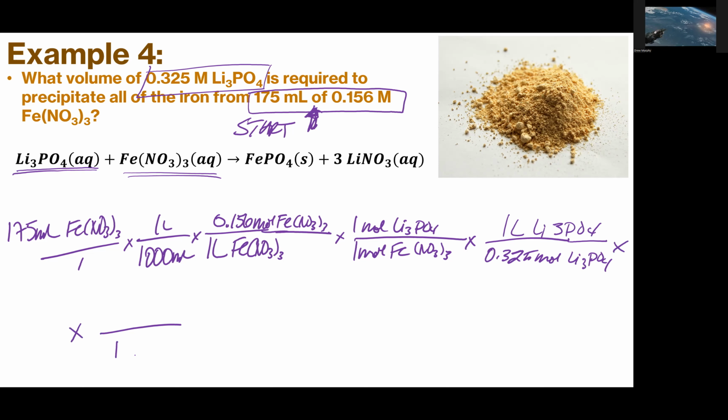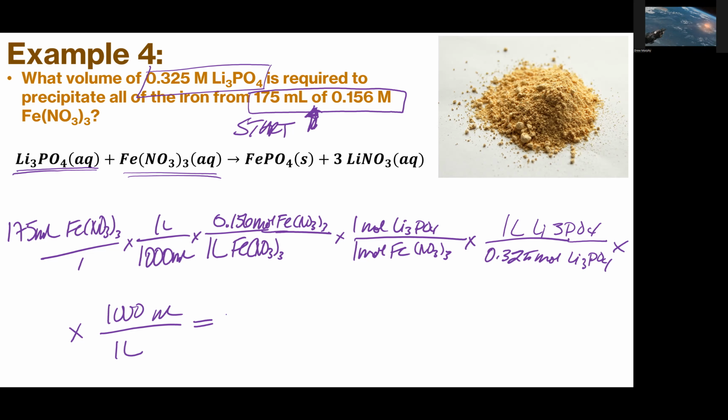And we'll say 1 liter is 1,000 milliliters. All right. Now, if you're looking at this, there's a lot going on here. You don't have to put the thousands in your calculator. You're going to divide by 1,000 in the beginning and multiply by 1,000 at the end. That doesn't matter, right? They're going to cancel each other out. So you don't have to do it, but you have to show it, okay? Because molarity is in terms of liters. All right, math this out.